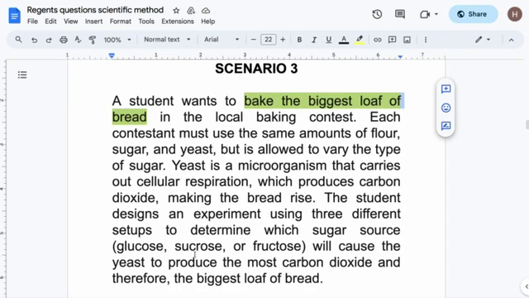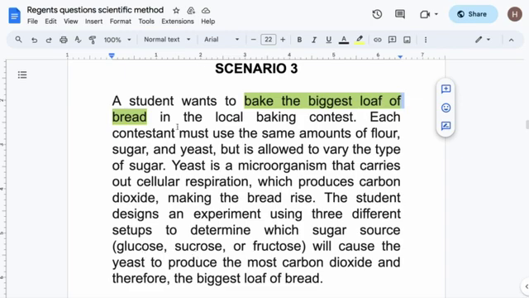So it says here, the student designs an experiment using 3 different setups to determine which sugar source, glucose, sucrose, or fructose, will cause the yeast to produce the most carbon dioxide and therefore the biggest loaf of bread. So let's start. Which setup do we want to start with? Let's say we're going to start with glucose.